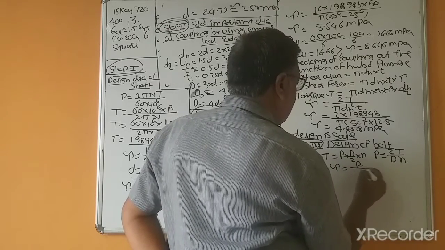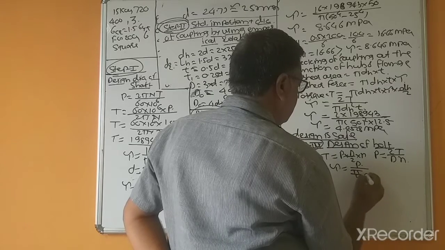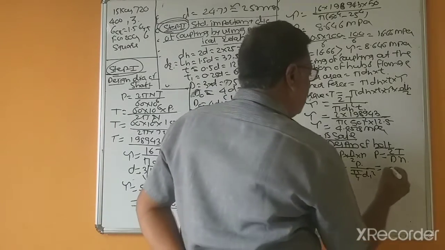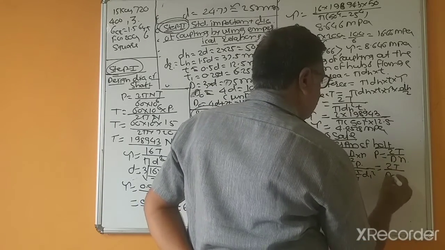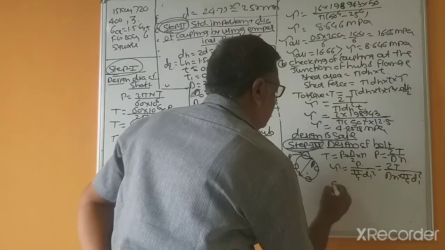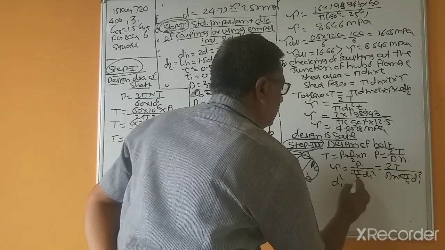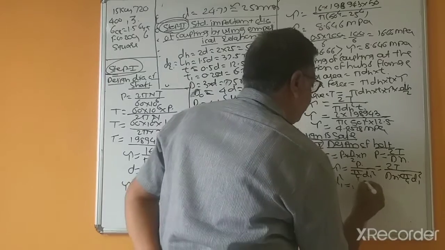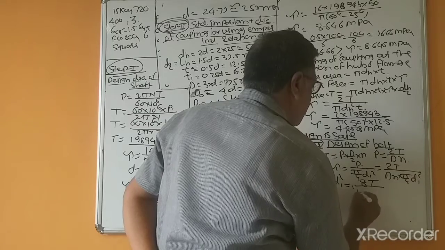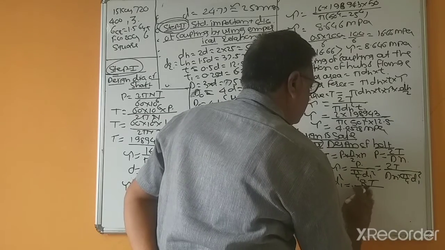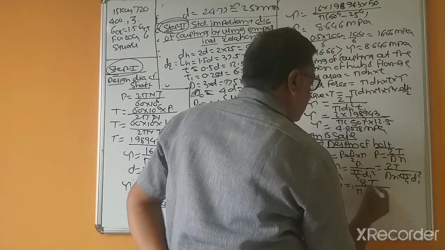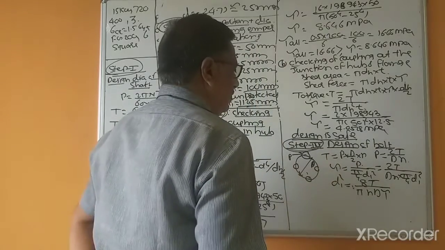Now shear area, or force, tau equal to, what is the formula? Force P divided by area pi by 4 d1 squared. Now put P equal to 2T by D N, pi by 4 d1 squared, or d1 equal to, cross multiplying, 8T divided by pi, small n, that's why I am taking first D, multiplied by tau, right.